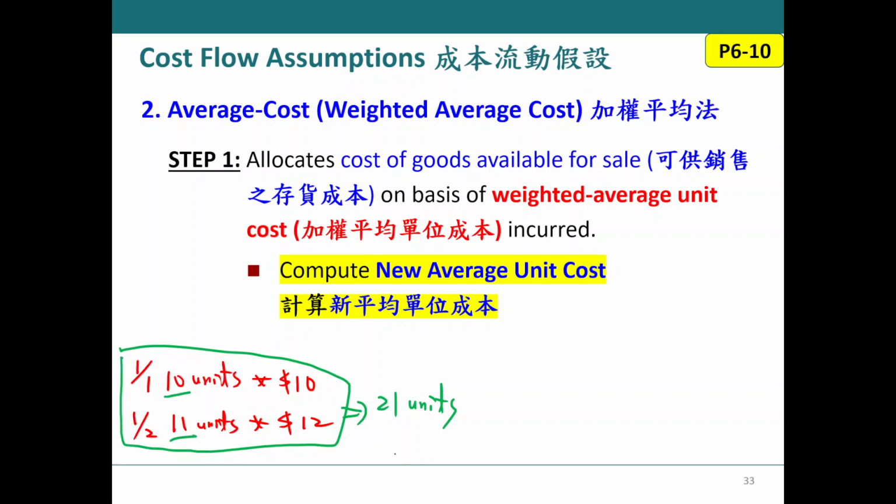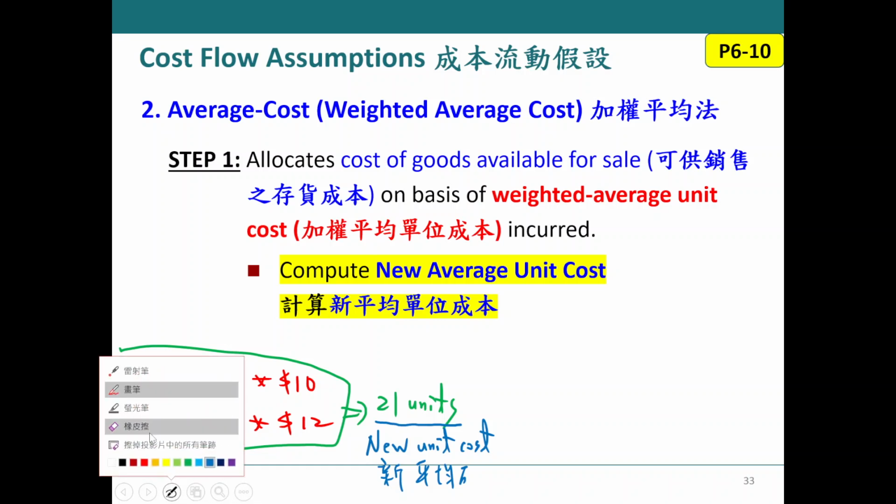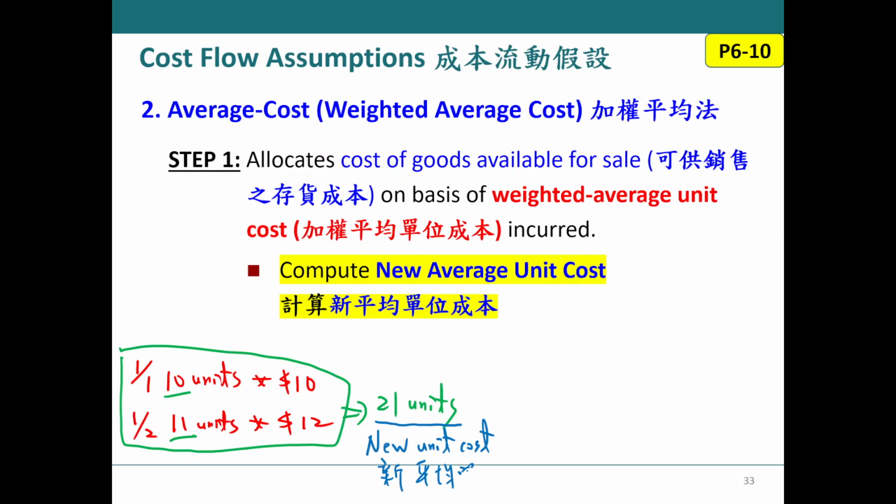Because mixed together, you have to get the new unit cost, 新平均成本，平均单位成本. How to do it? To get your new unit cost.